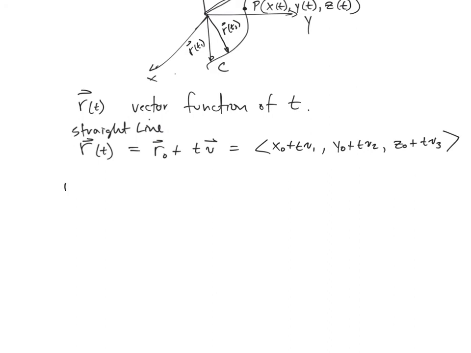So let's look at some examples. Now for a lot of these curves, there is no turn the crank method to generate the parametric equation for the curve. You have to think about it yourself. And in many of these curves, there are a lot of different parametric equations you could write to define the same curve, okay? So there's a little bit of an art to figuring out, well, what's the parametric representation for this particular curve?